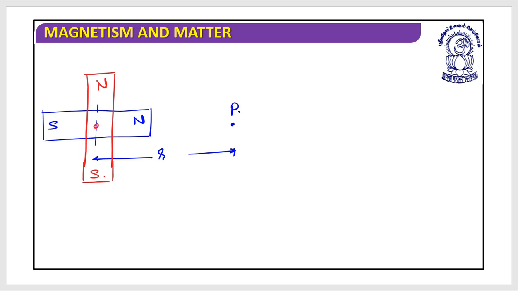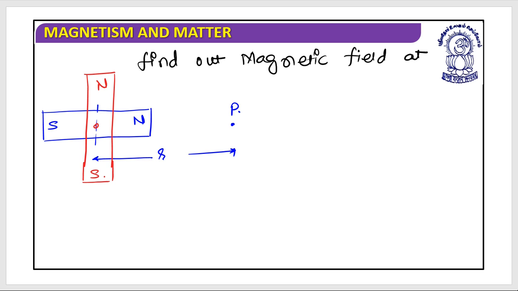So what they want is, find out the magnetic field at point P. This is the requirement, find out the magnetic field at point P. How will you do this?